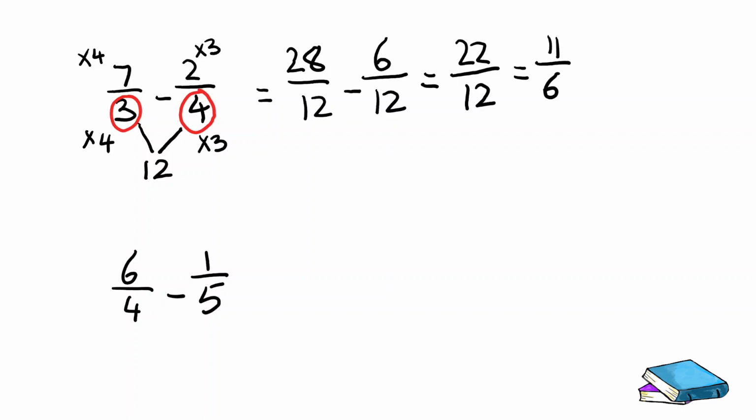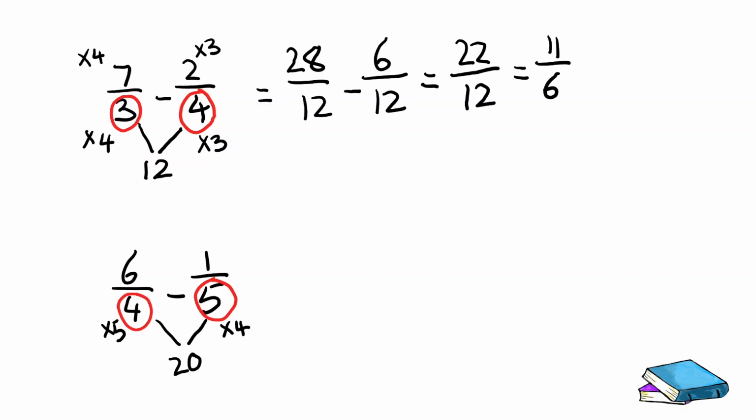In the second example over here, the lowest common multiple between 4 and 5 is actually 20. If you get stuck on that step, you can write out the multiples individually, like we did in the first example. So to get from 4 to 20, we multiply it by 5, and to get from 5 to 20, we multiply it by 4.